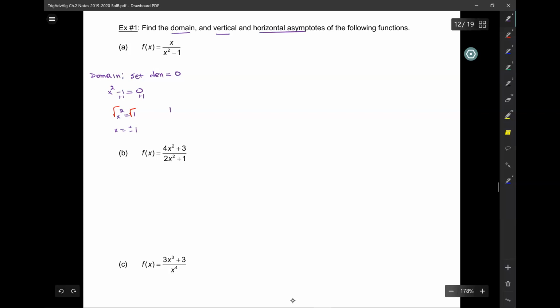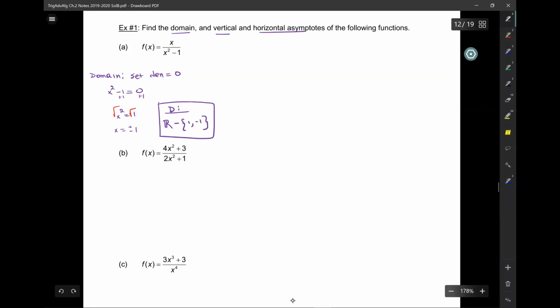Okay, you guys know this symbol? It means all real numbers. I'm just saying that the domain is all real numbers minus 1 and -1.